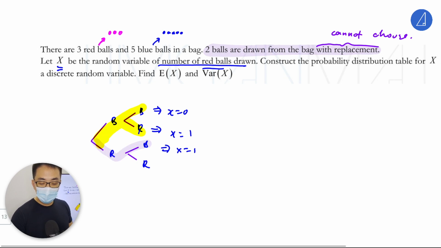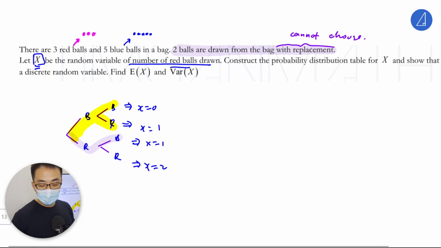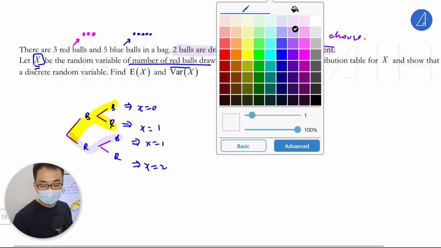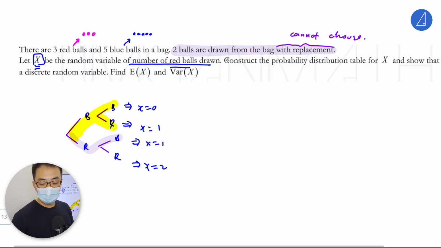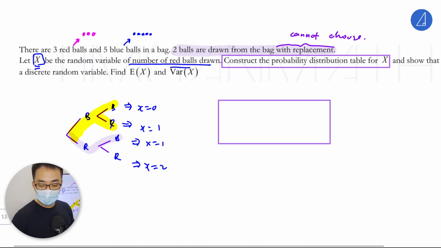The last branch is X equals 2. So from a tree diagram point of view, it is very fundamental. Once you understand what is X, they will usually ask you to construct some form of probability distribution table, which is essentially the exhaustive list.